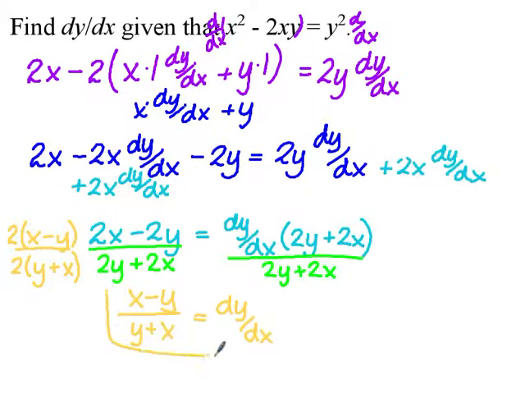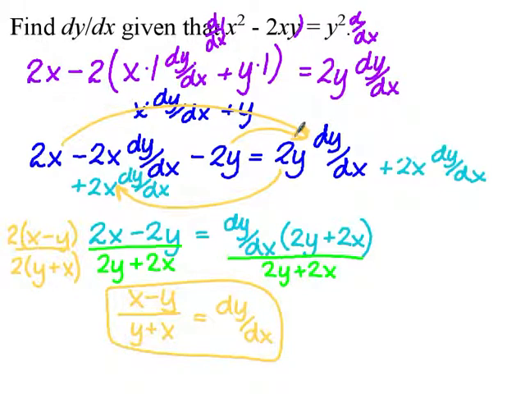Okay. Now, just a little tidbit of information. If we were to have moved the 2y to the left, and moved the 2x and the 2y to the right, so if we were basically to flip and move these over, your answer down here is going to be different by negative signs.